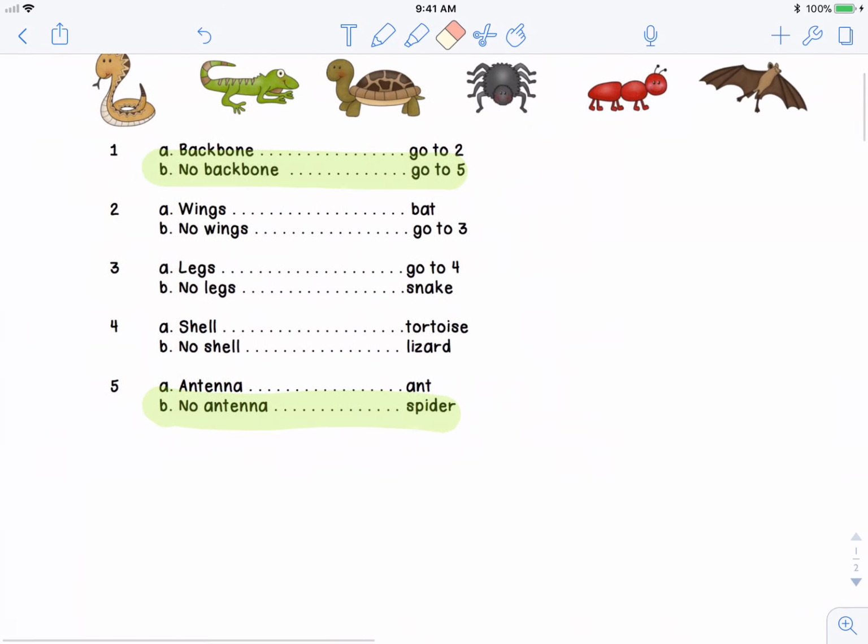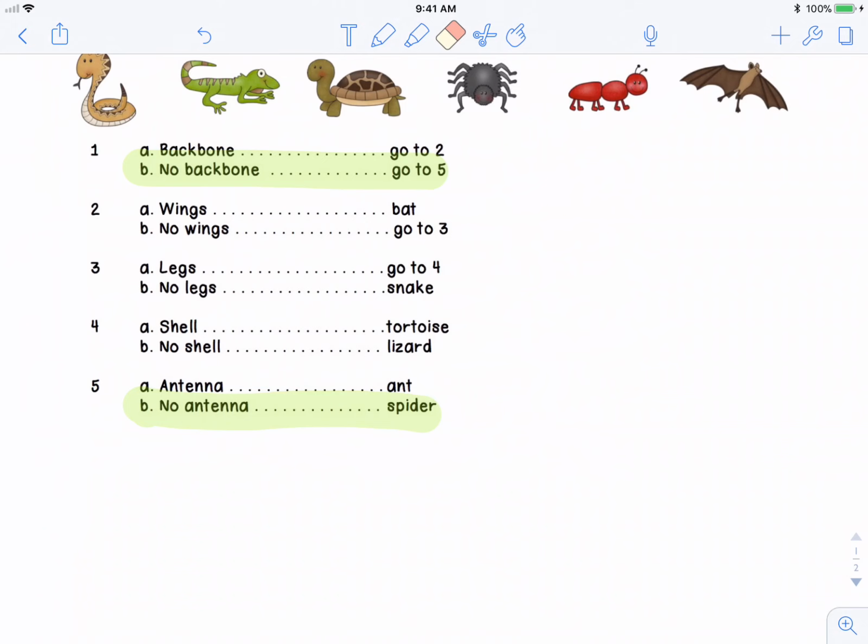Okay. Really, the only thing difficult about following a dichotomous key is knowing the vocabulary. And with the insects that we're going to be looking at, when you look at an official dichotomous key, that can be very, very difficult.